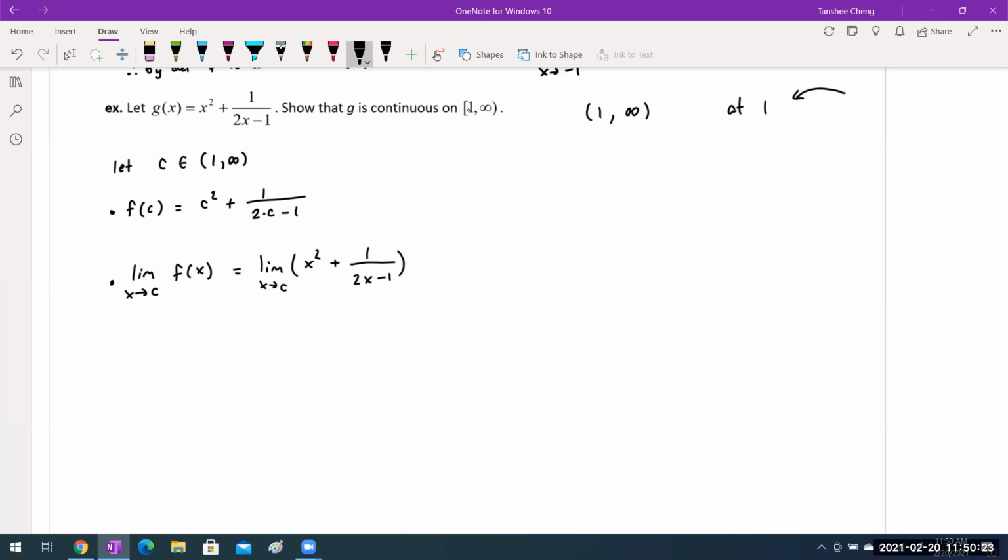So according to the limit laws, I can show the limit as x approaches C of x squared plus the limit as x approaches C of 1 over 2x minus 1. If we skip the step-by-step using the limit law, then we will get what? x squared becomes C squared plus 1 over 2C minus 1, which is the same value. So that tells us f of C is equal to the limit as x approaches C of the function.